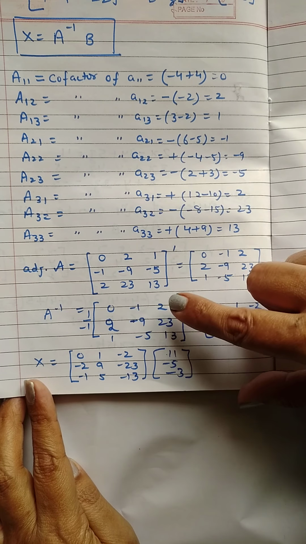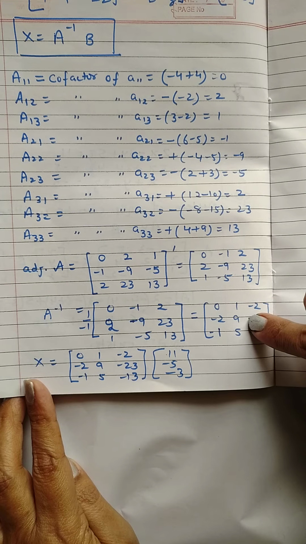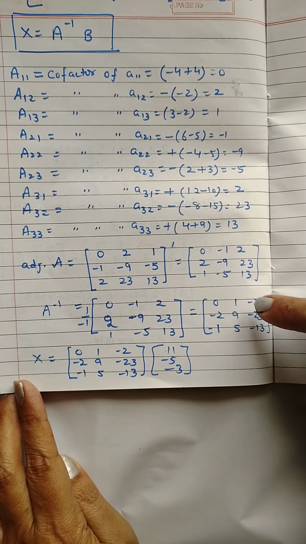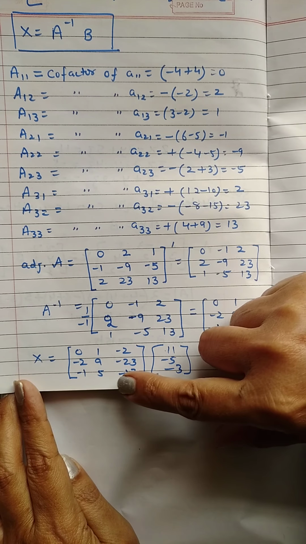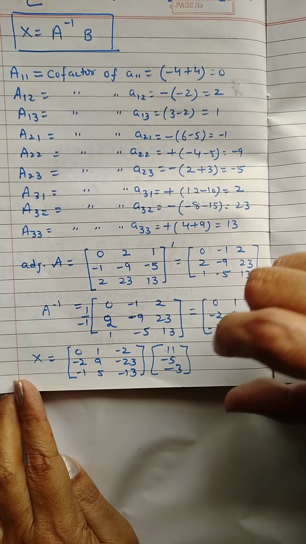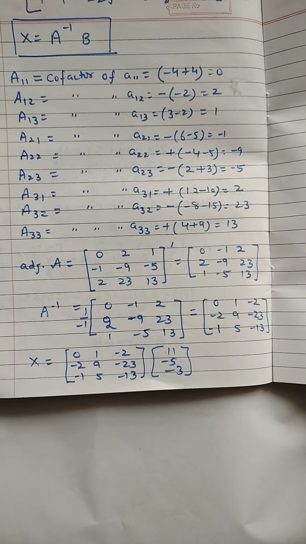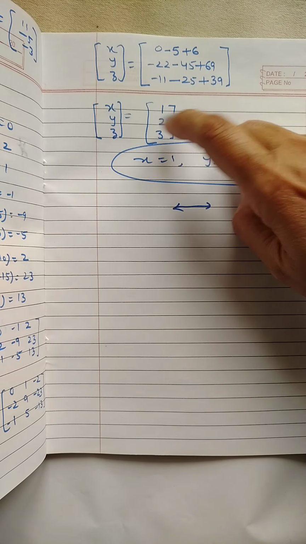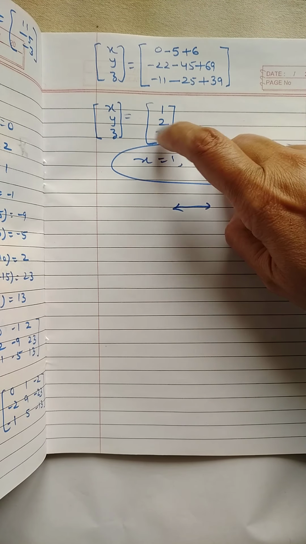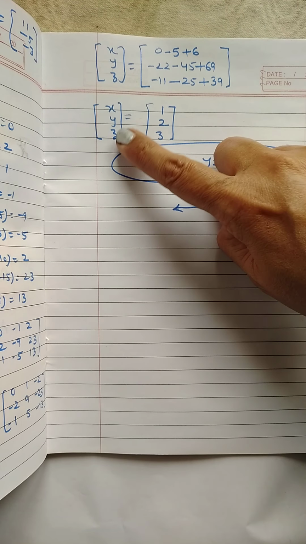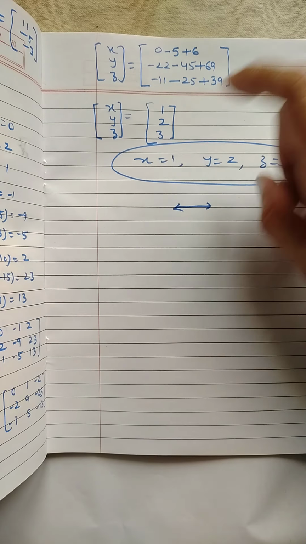Now A inverse is adjoint A by determinant A. Determinant A was minus 1, so this is your A inverse. And the last step is X = A inverse b. Clear? After multiplying you get X, and comparing these two matrices, equating their elements, x = 1, y = 2 and z = 3.